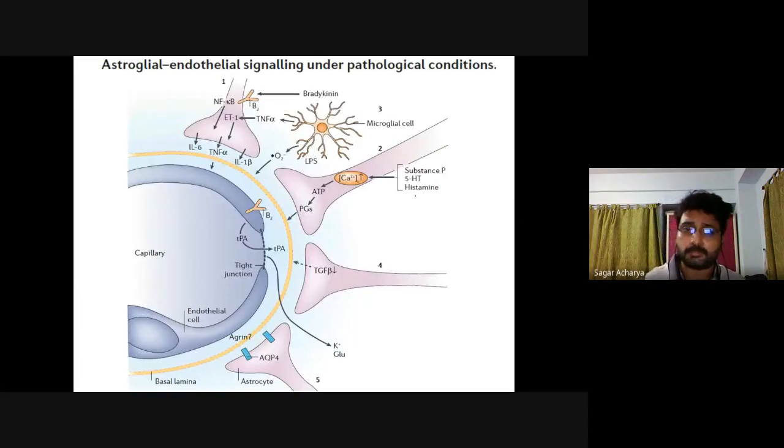These are the astrocytes, microglia, and you can find oxygen, meaning ROS generation, and prostaglandin, these are local mediators, TGF beta, and those are all linked with one another, and these are actually the disruptions of the blood-brain barrier. The barrier properties are very delicate to maintain, and any pathological condition that disrupts the endothelial barrier can do havoc within the cells.